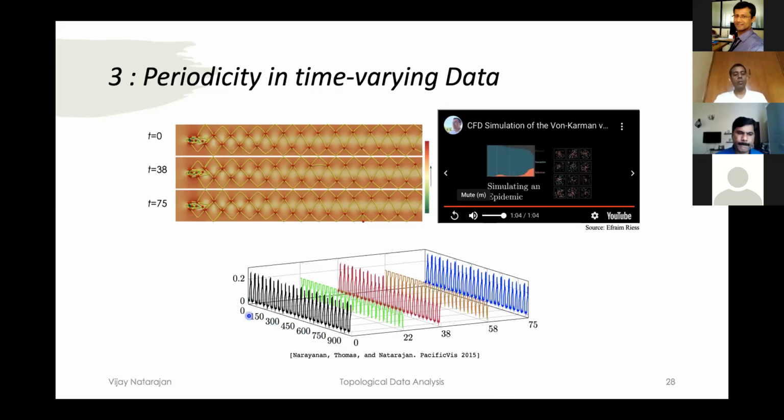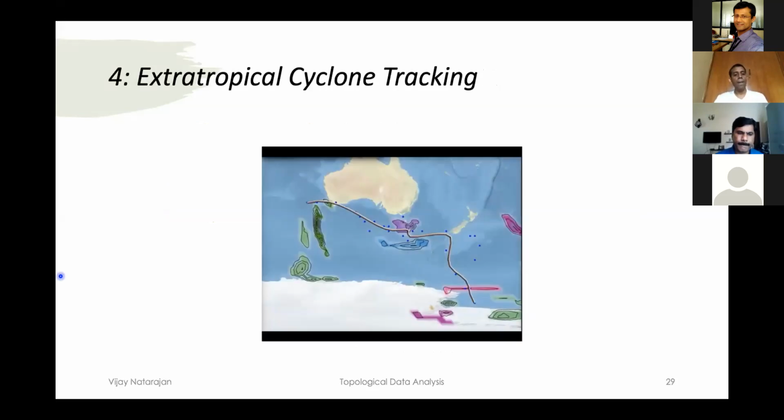So t goes from 0 to 900 here. We see a lot of similarity at these time intervals. T equal to 0 is similar to t equal to 75. That denotes a time period of 75. We also notice a half time period of 38 where there is a flip in symmetry. So this study using topology can help even in time varying data analysis.